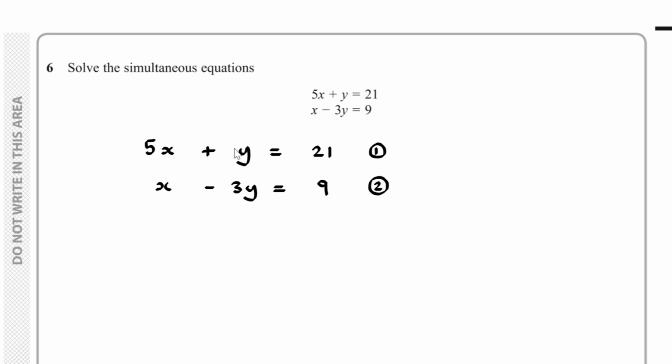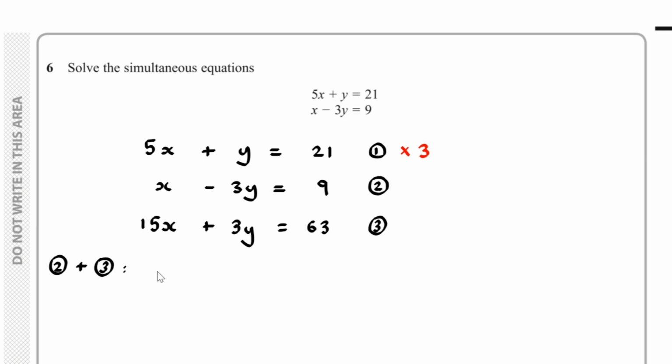And so we can get the coefficient of y's the same by multiplying equation 1 there by 3.